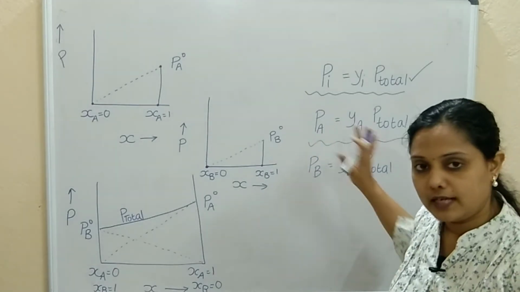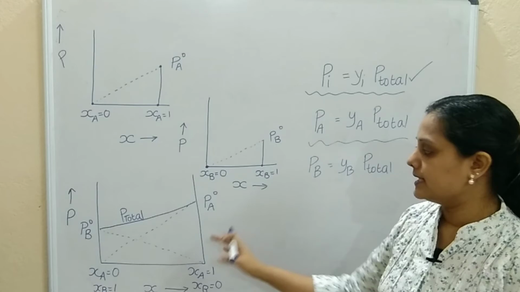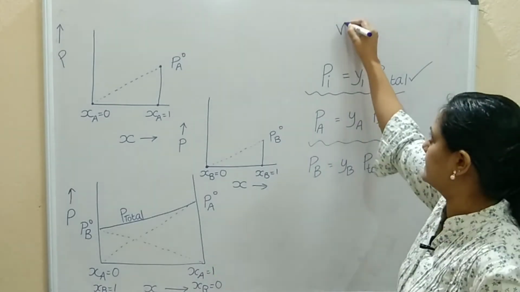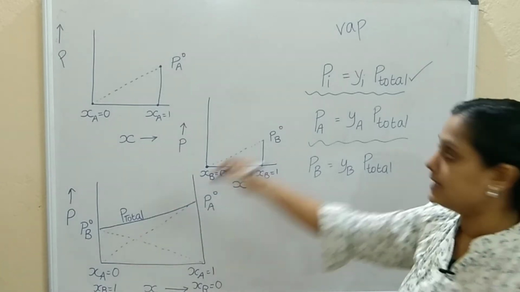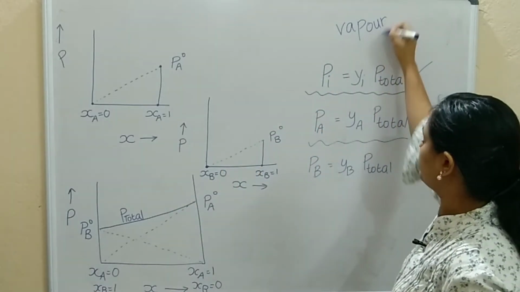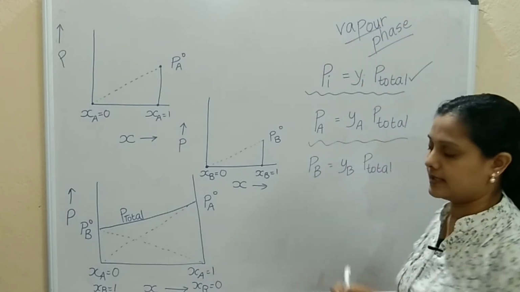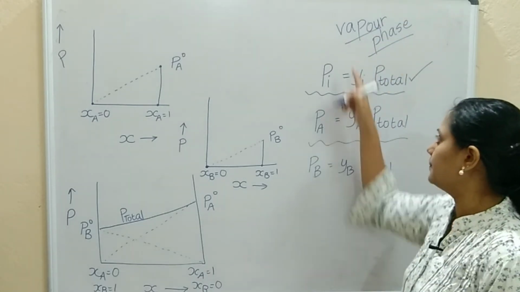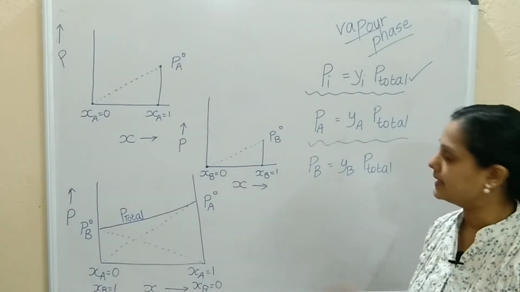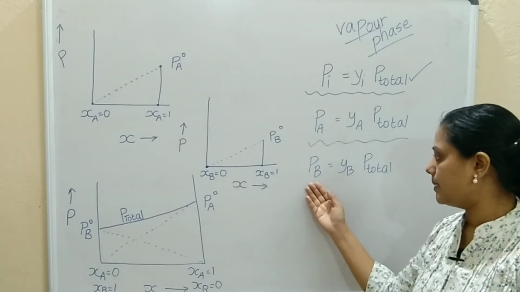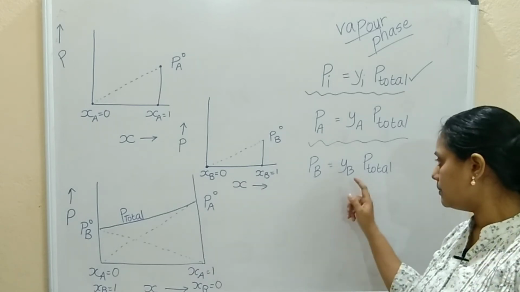But you apply this equation when it is in the vapor phase. Here we are talking of the liquid phase. But if the components are in vapor phase, then you need to write these formulas. Correct? At that time you can find the vapor pressure and the P total or the mole fraction.